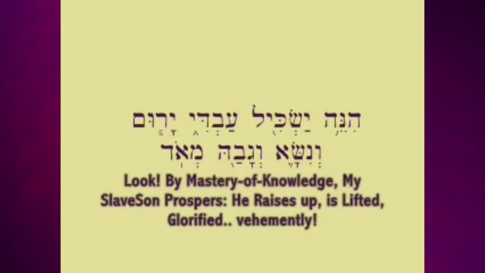So now you've got a pairing of two perfects. A pairing of a Nifal perfect and a Kal perfect, Nifal being Nisa and the Kal being Gavach. And then you've got that pairing with the two paired imperfects of Yaskil and Yarum.